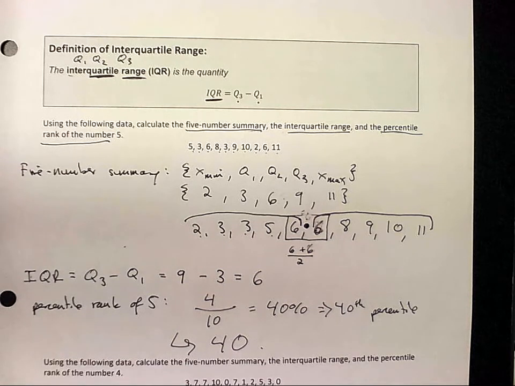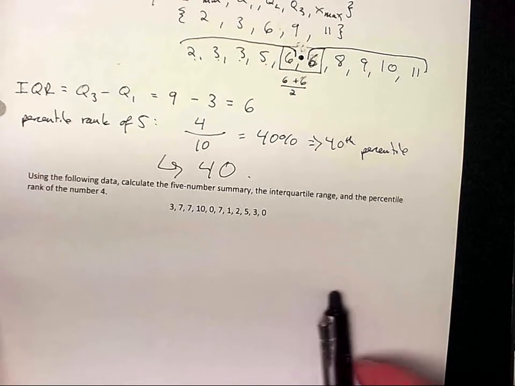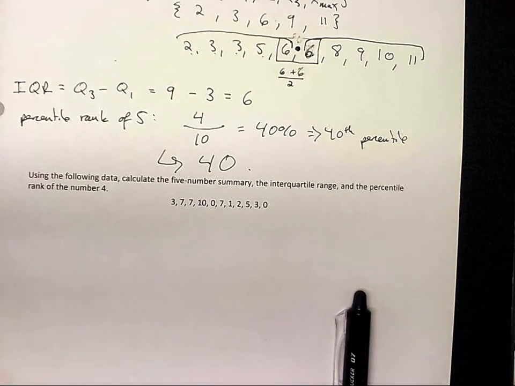Then take maybe 2 to 4 minutes and see if you can do this next example by yourself. Go until the IQR, the interquartile range. After that there's a little quirk to this problem, so we'll do it together. Just do the 5-number summary and the interquartile range.